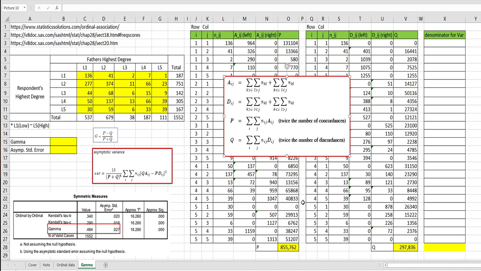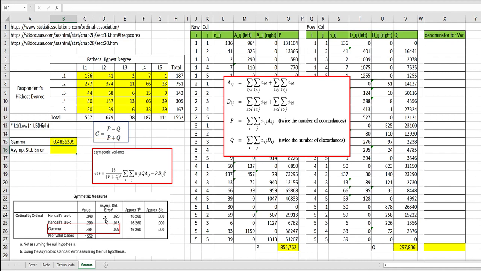So now we have P and Q, so we can calculate the gamma statistic by using this formula: P minus Q over P plus Q.